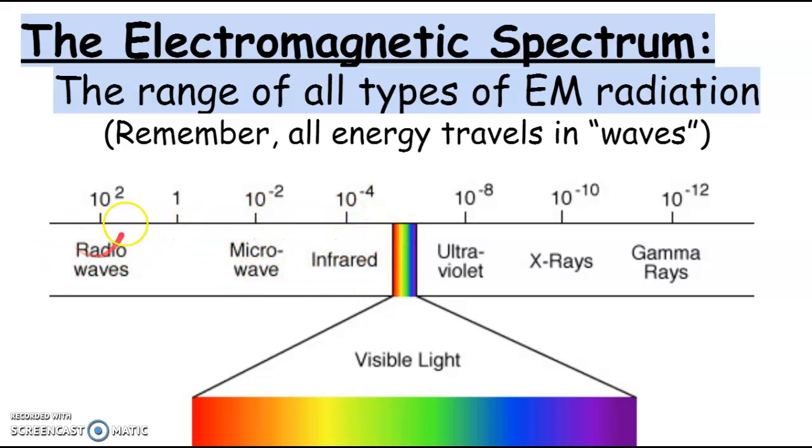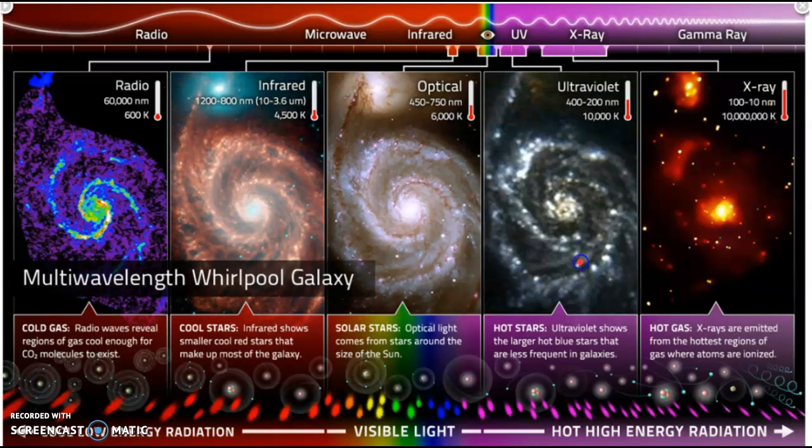Microwaves, radio waves. Radio waves are really, really long wavelengths. This is 10 raised to the second power. And we're talking about wavelengths here. If you get shorter wavelengths, you get into ultraviolet light, X-rays, and gamma rays. These are different types of energy signatures that you can see coming off of different galaxies.